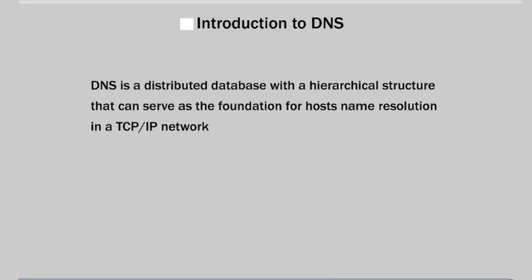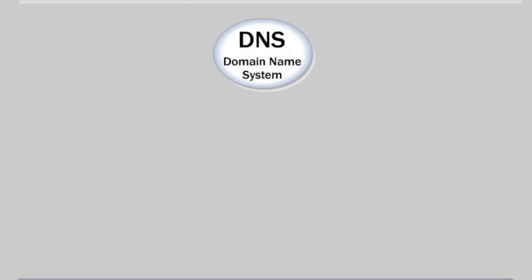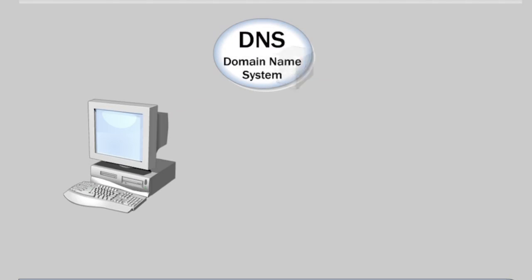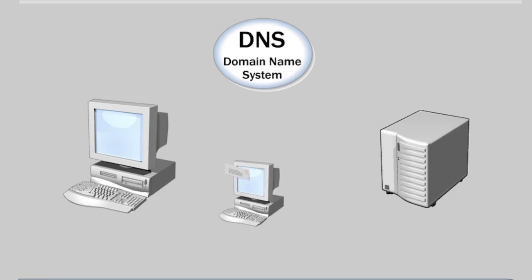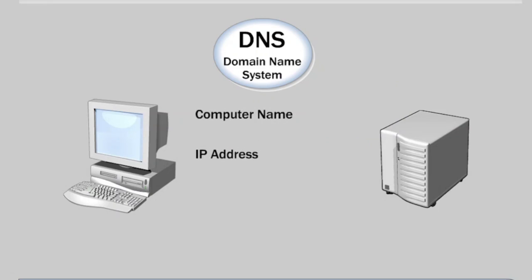DNS is a distributed database with a hierarchical structure that can serve as the foundation for host name resolution in a TCP/IP network. DNS is used by most internetworking software, such as electronic mail programs and web browsers, to locate servers and to resolve or map a user-friendly name of a computer to its IP address.